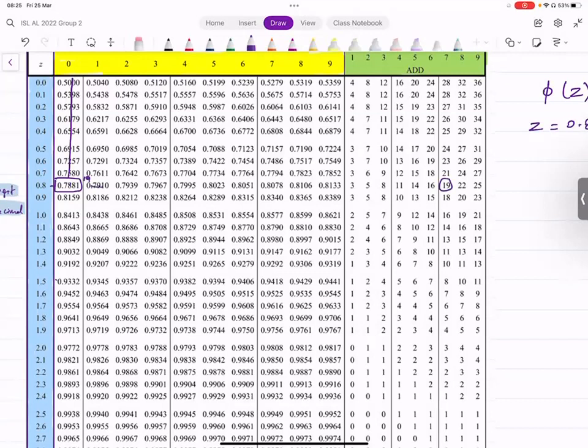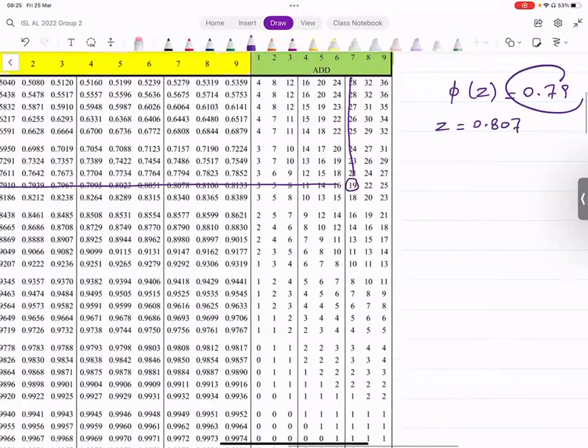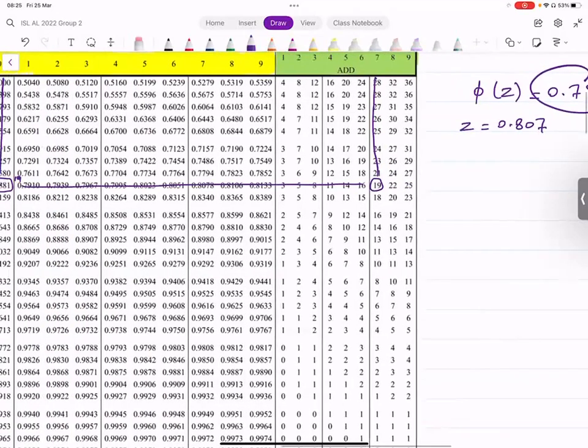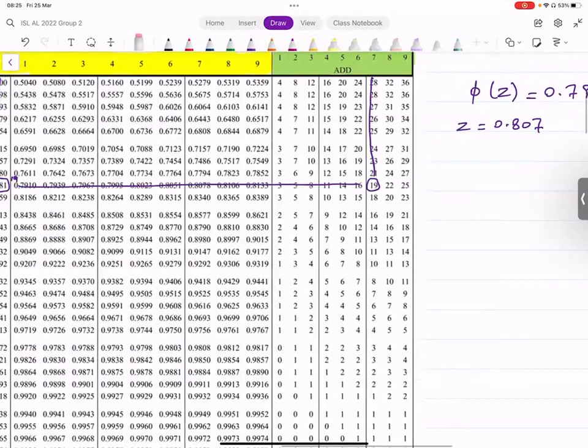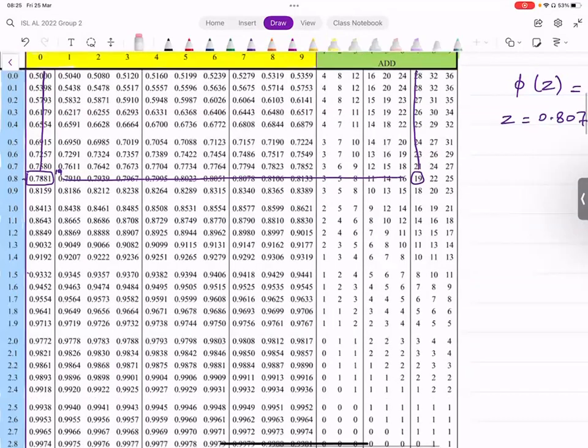We've got 19 here. 19 के ऊपर थर्ड डेसिमल प्लेस क्या आ गया? 7 आ गया. So z is equal to 0.807. Does everyone get this? इसमें कोई मसला तो नहीं है? No, sir.